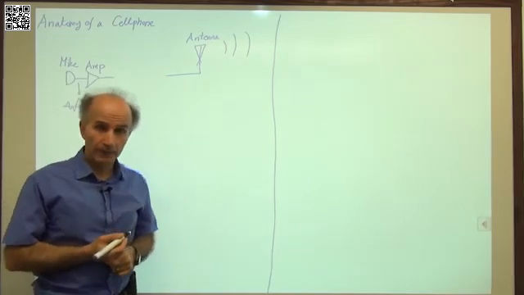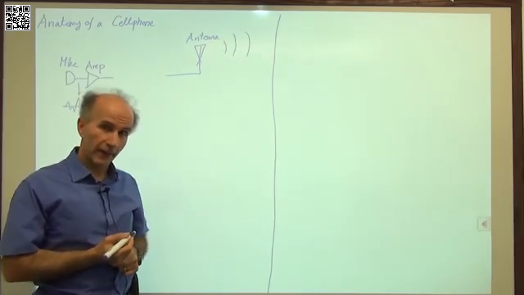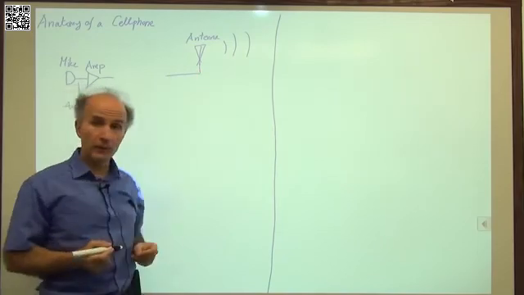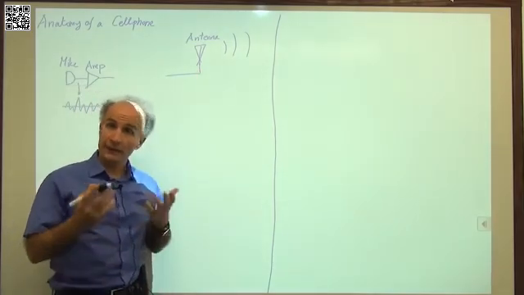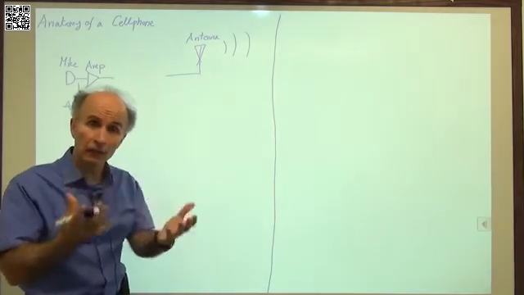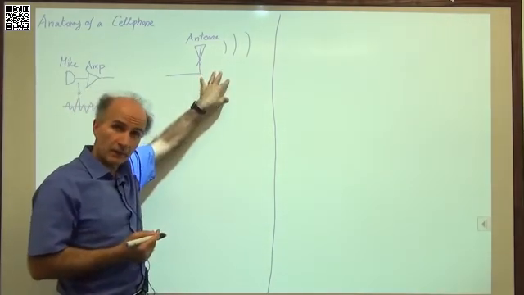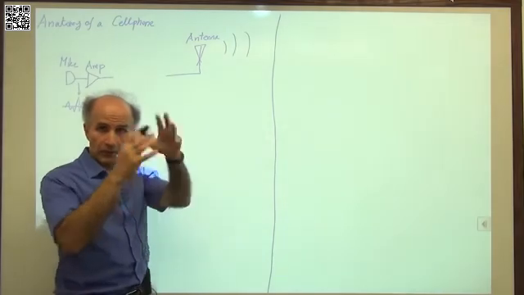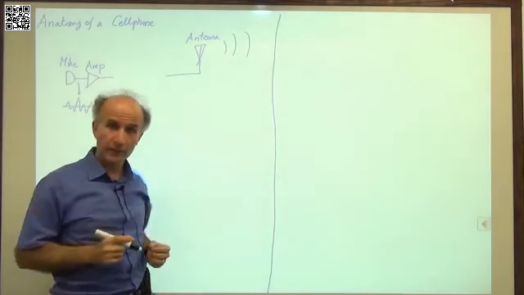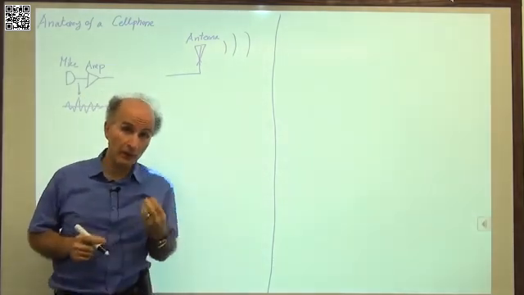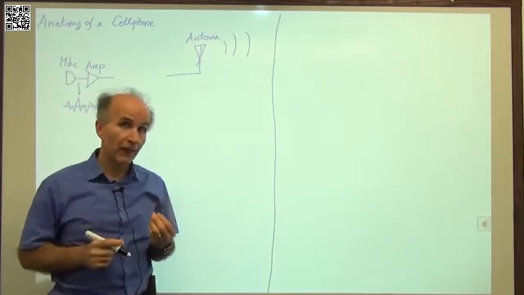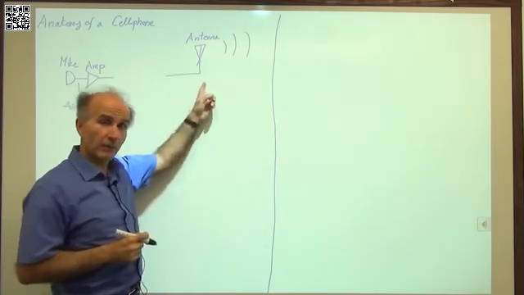Well, no. And the reason for that is that for an antenna to be a good antenna, meaning a good radiator of electromagnetic energy, its dimensions, however they are, whether it's round or rectangular, etc., its dimensions must be comparable to the wavelength of the signal that we apply to it.